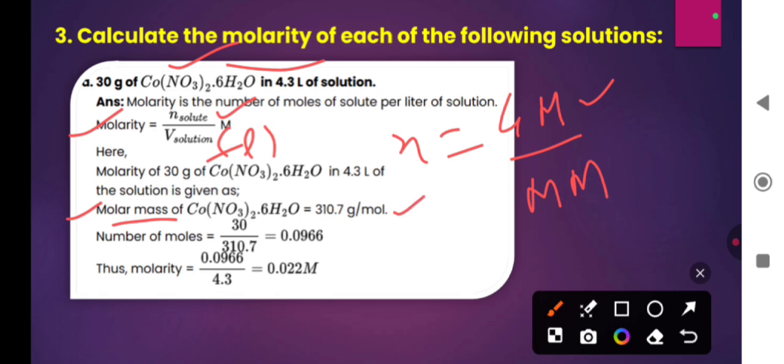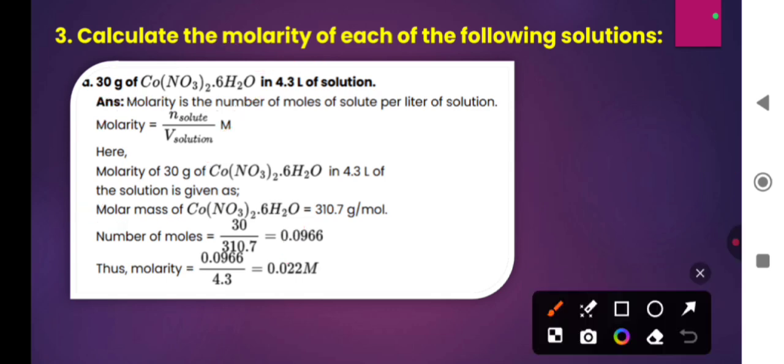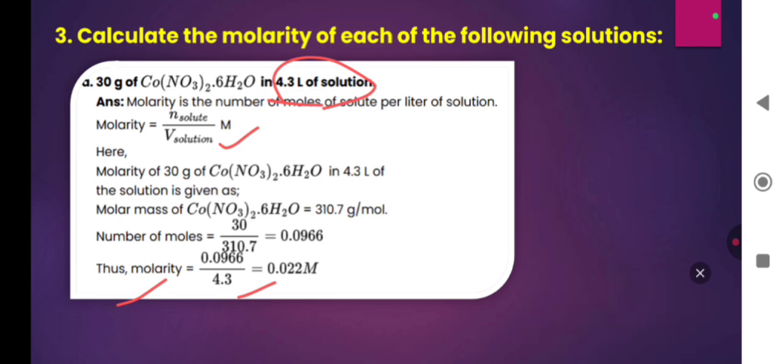The given mass of this compound is 30 gram, divided by molar mass. By this way you can solve the moles. Then down, what will you keep? Volume of solution. How much volume of solution is given? 4.3 liter. So you can get the molarity. It is a very easy numerical, you can solve it.